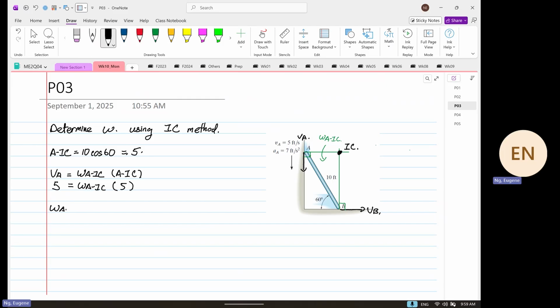So omega_AIC will be 5 divided by 5, equal to 1 radian per second.